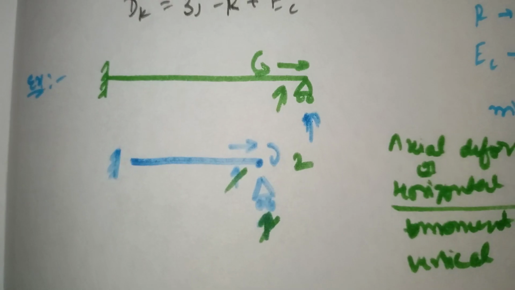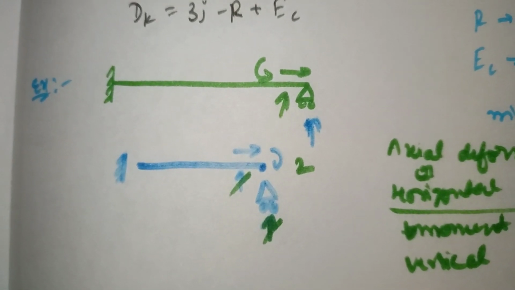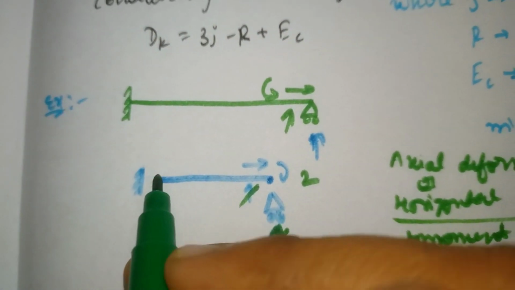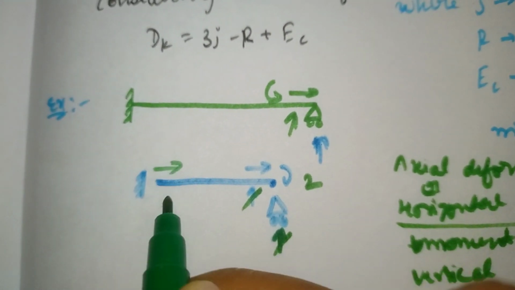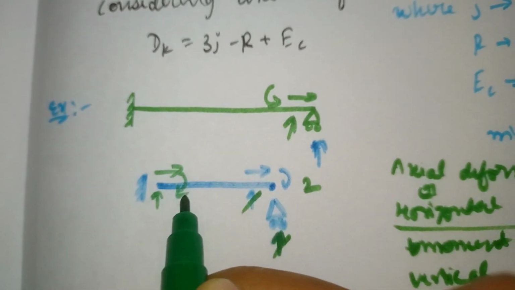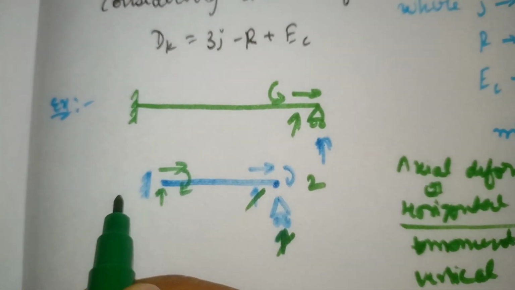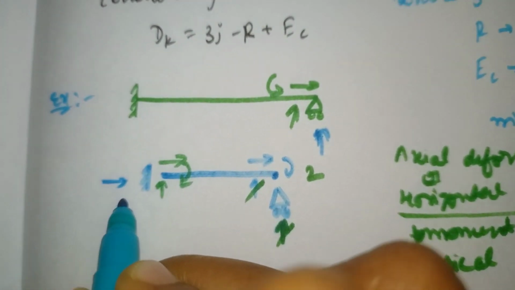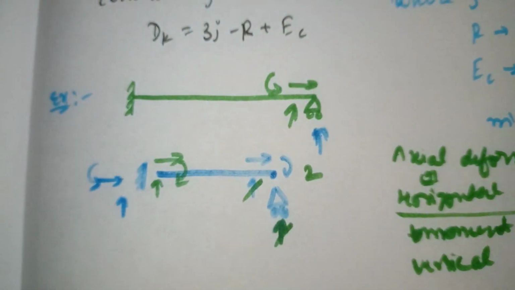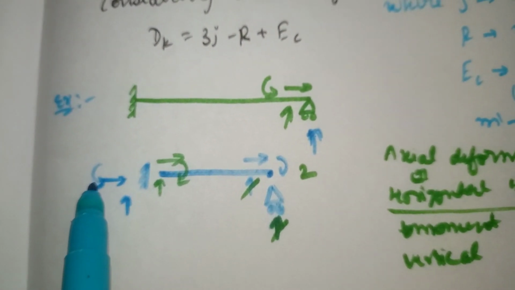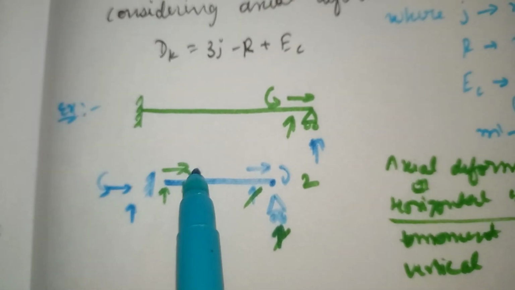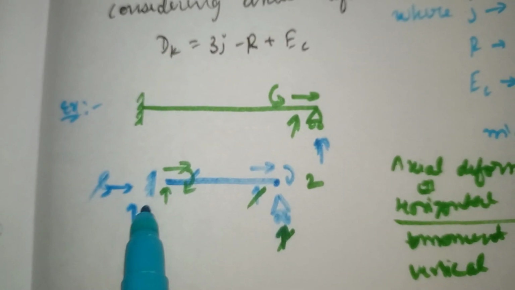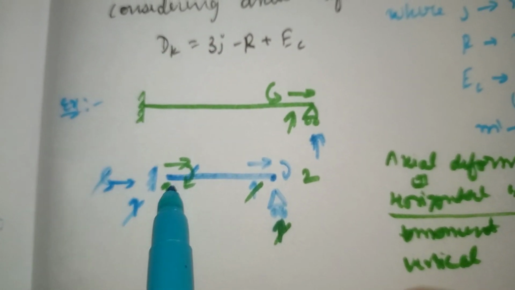Now if you come to the fixed support, the possible deformations are horizontal, vertical and rotation, three in total. At the fixed support, the reactions are horizontal, vertical and moment. So the rotation and moment reaction cancel, the vertical reaction and vertical deformation cancel, and the horizontal deformation and horizontal force cancel each other.